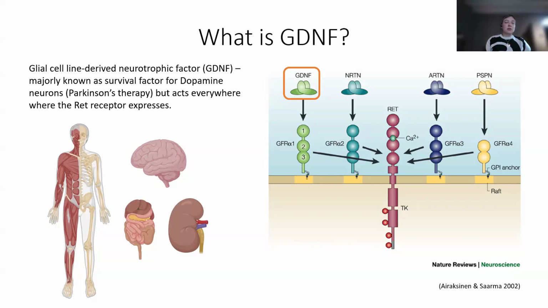But so far it wasn't very successful, unfortunately, because through ectopic delivery it's hard to regulate the concentration of GDNF, and when you apply too much of this molecule, then you have massive sprouting of the dopamine axons, and that's not always a good thing to have.